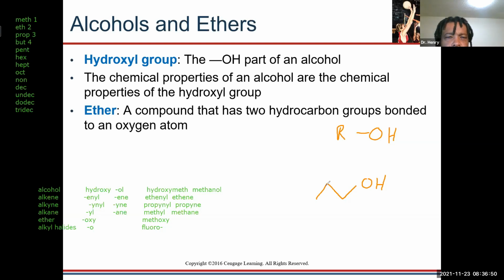And since it's on the main chain, it's not a secondary structure or branching off the chain. It's considered a primary alcohol. Okay. So this guy would be 1, 2, 3. So this guy would be called 1-propanol.